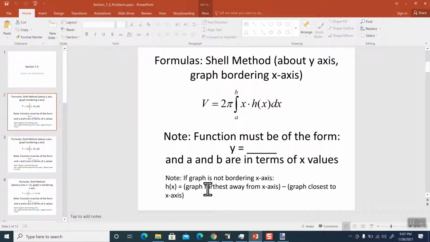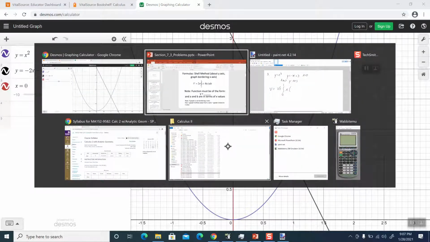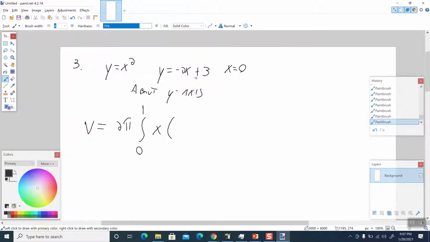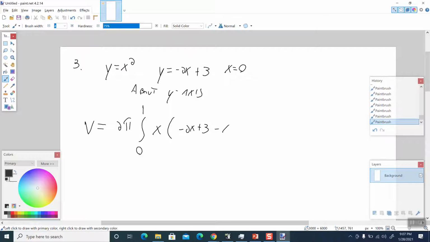And down here then, it says h of x is the graph furthest away from the x-axis. Here's the x-axis, the graph furthest away is this one right here, the straight line, isn't it? So that would be the negative 2x plus 3, minus the graph closest to the x-axis, dx.